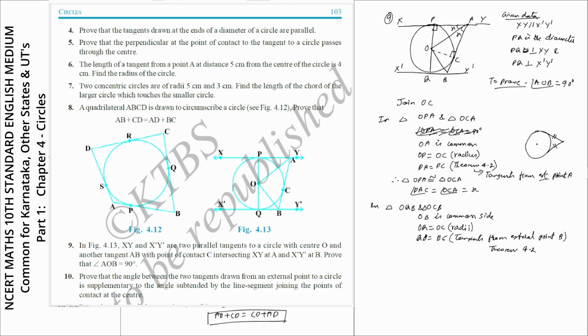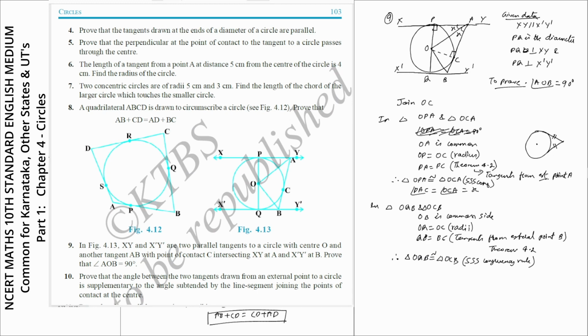So now these two triangles are congruent. All three sides of one triangle are equal to the corresponding three sides of the other triangle. Therefore these two triangles should be congruent. So triangle OQB is congruent to triangle OCB, SSS congruency rule. Here also I am writing SSS congruency rule.